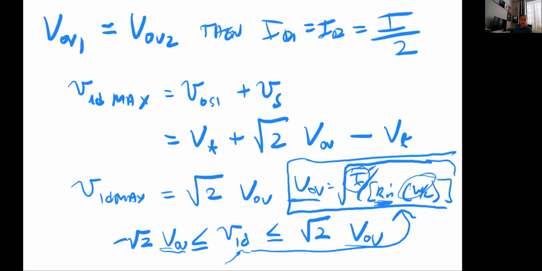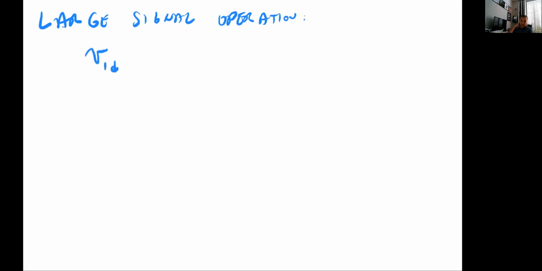Now let's look at the large signal operation, okay? And we're going to define, because we have to define which one is the positive input and which one is the negative input, that the differential voltage is VG1 minus VG2.